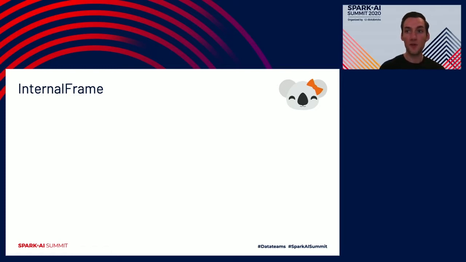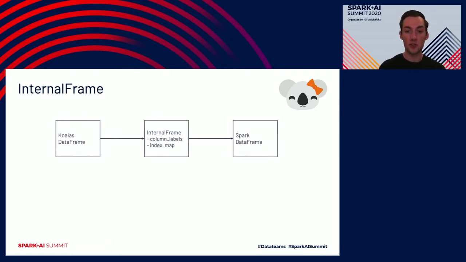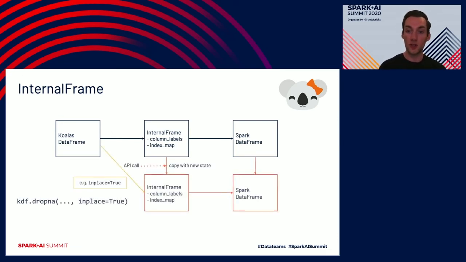For example, if we provide the argument inPlace equals true, the underlying sequence of operations using the internal frame would look like such. One thing to note is that a Koalas data frame never mutates the internal frame, but creates copies of the internal frame itself to keep it immutable.